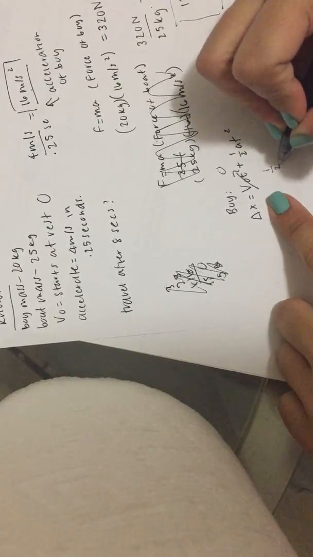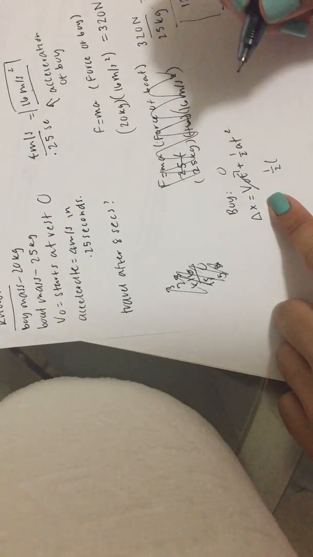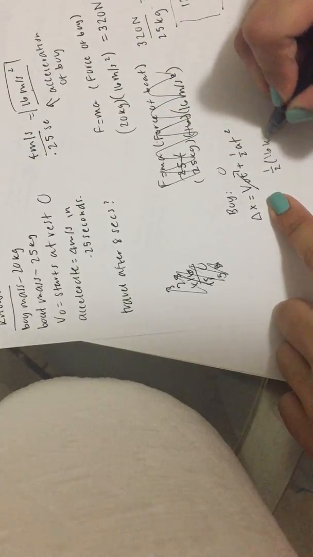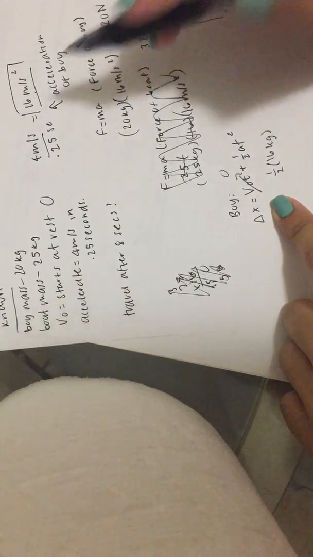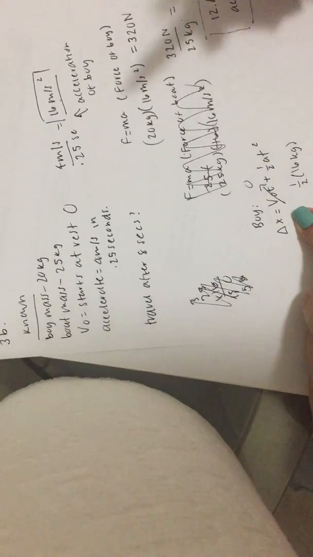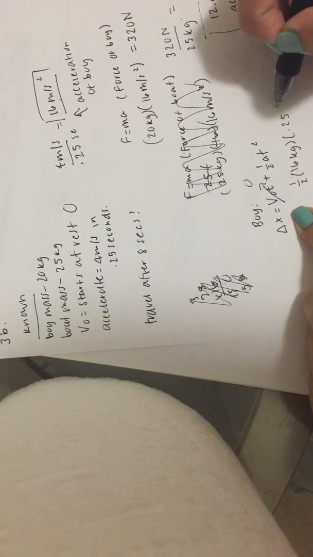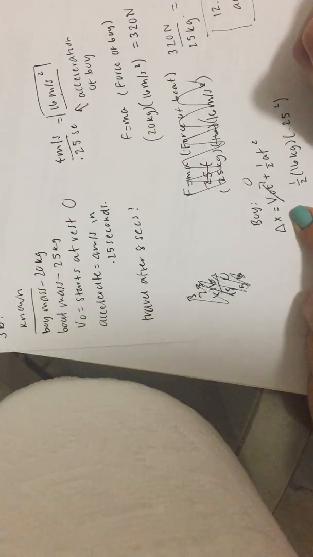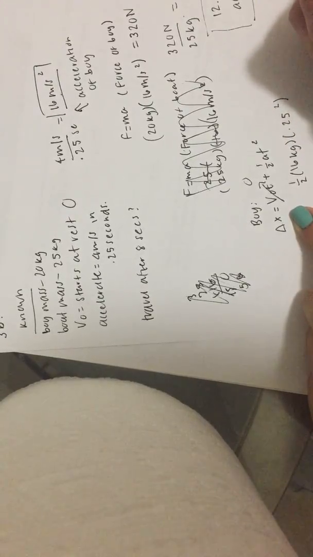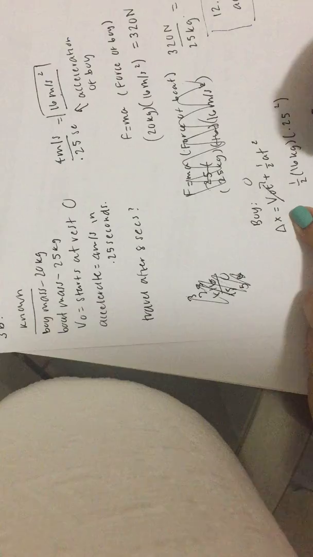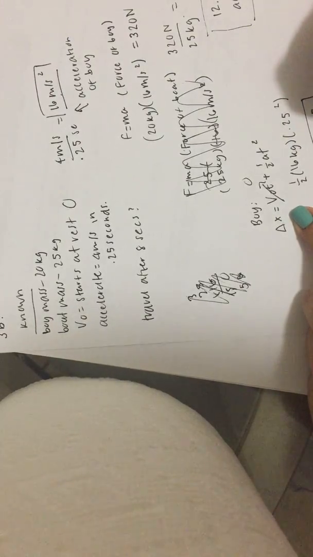So you do 1/2, acceleration will be 16 from here, times 0.25 squared, and you get delta x equals 0.5. This is the boy.